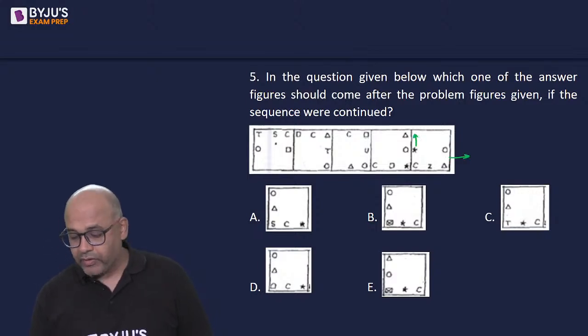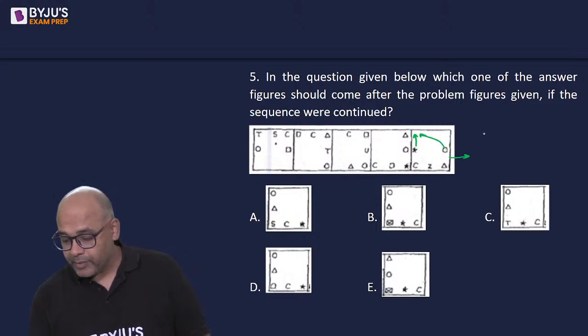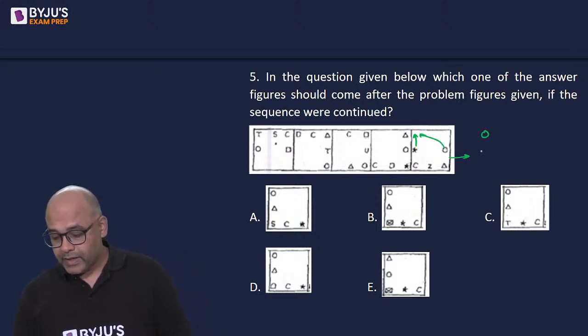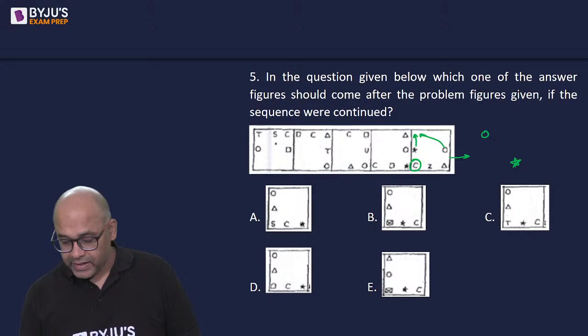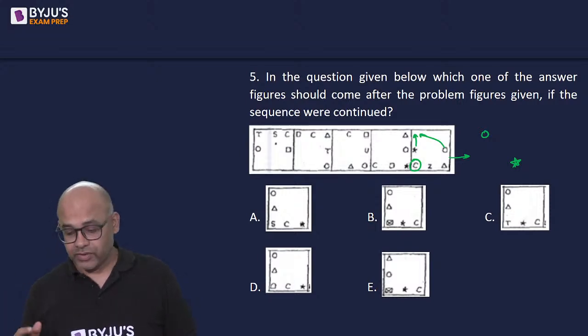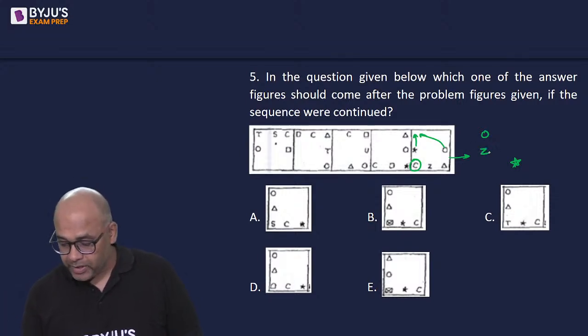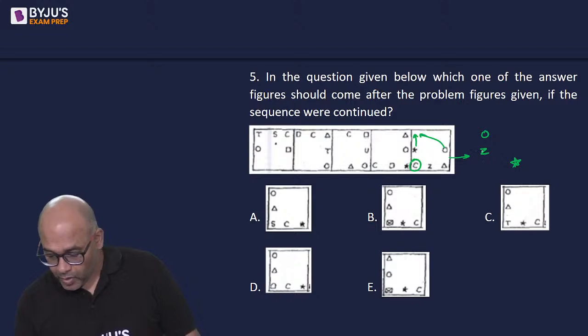So this is going forward, which means when this is going up, first of all, this circle will come here, right? Circle will come there and you will have a star in the circle's place. And this C is supposed to get replaced. So C should not be there. Z should be here. Oh, my bad.